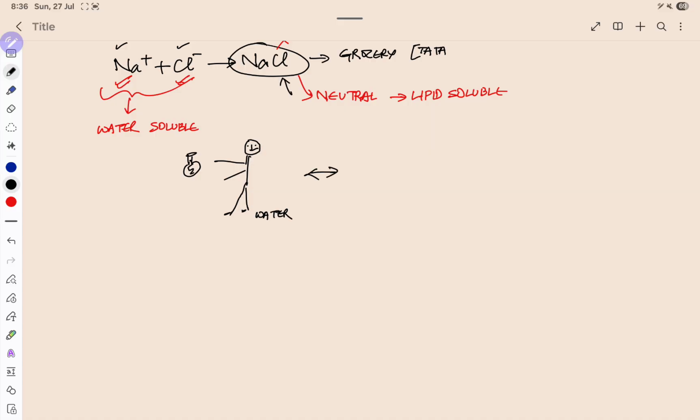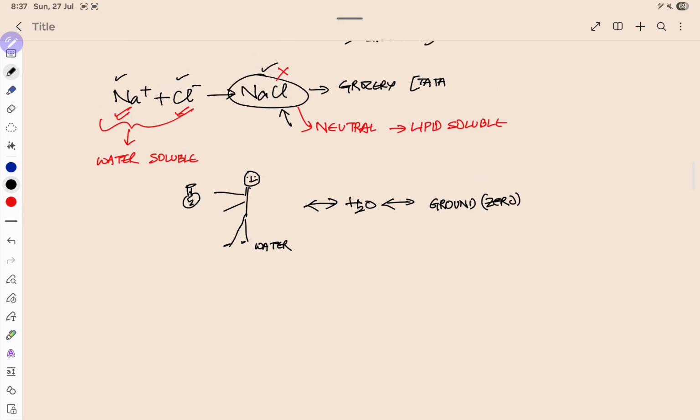For a person getting electrocuted, he requires water. Electrocution simply means the movement of ions, whether positive or negative charge, to the ground. Our earth has zero potential. So, anything that carries charge can make you electrocuted. Similarly, anything that carries charge is water soluble. Just remember it this way.